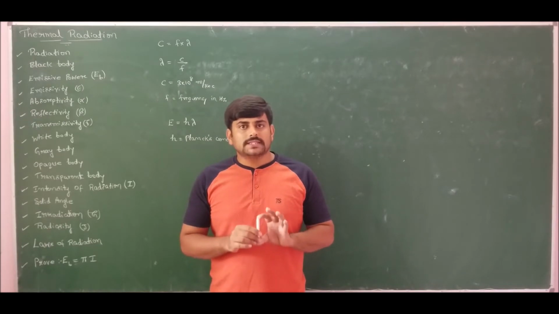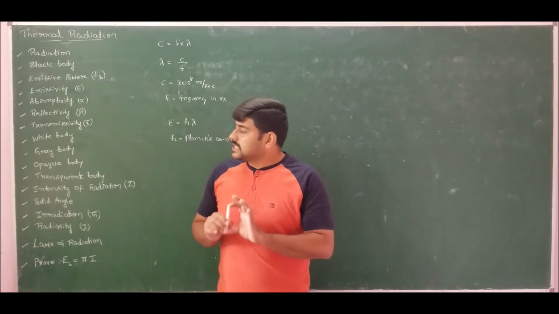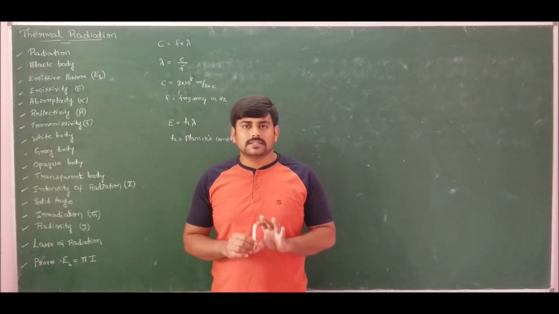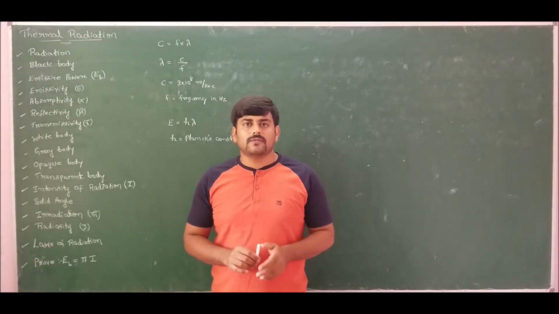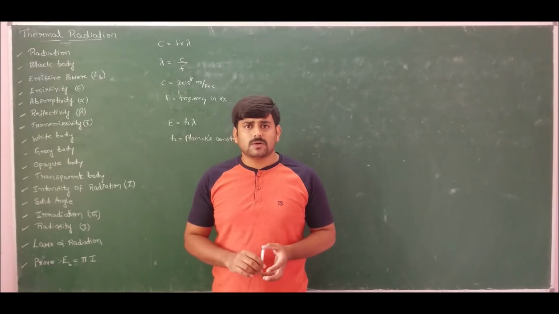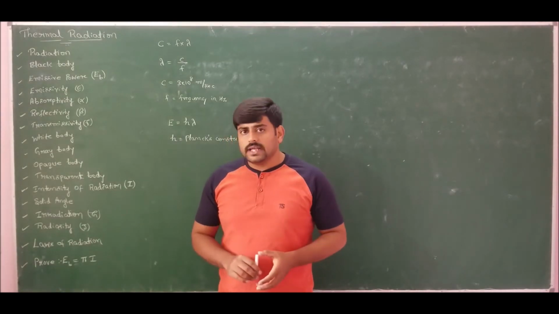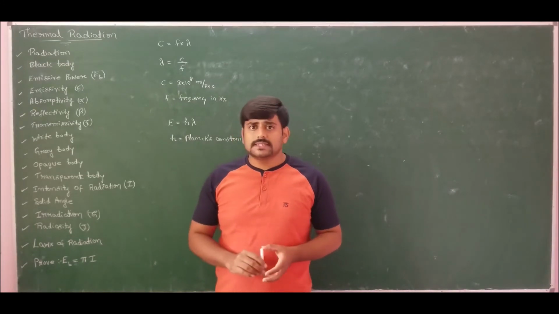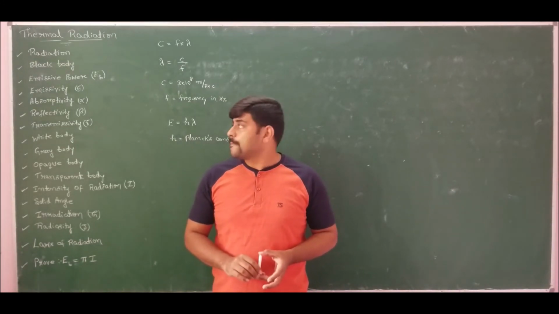The amount of energy emitted per unit area per unit time is termed the emissive power. For a black body, the emissive power is directly proportional to the fourth power of its absolute temperature, from the Stefan-Boltzmann law. I'll take up the Stefan-Boltzmann law in detail when I take up the laws of radiation. Emissive power is nothing but heat flux.